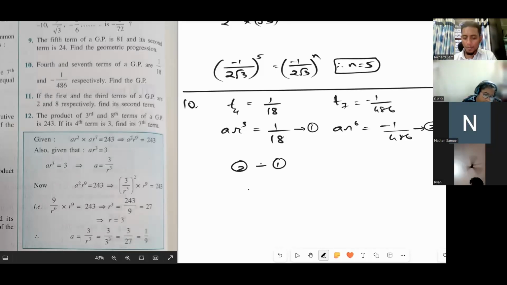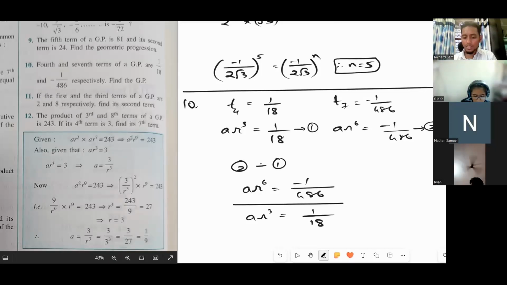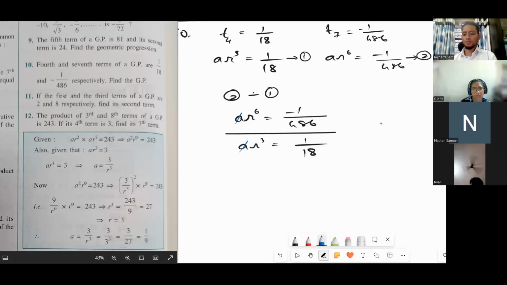So that will be what? AR raised to 6 is equal to minus 1 upon 486, divided by AR raised to 3 is equal to 1 upon 18. So when we're dividing, the A and A will get cut. And then here we have R raised to 6 upon R raised to 3. So what will that become? Subtract the powers.